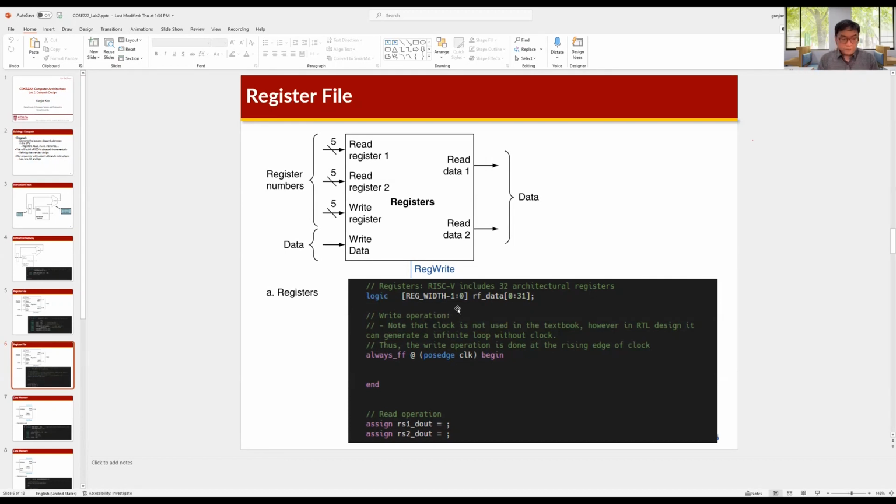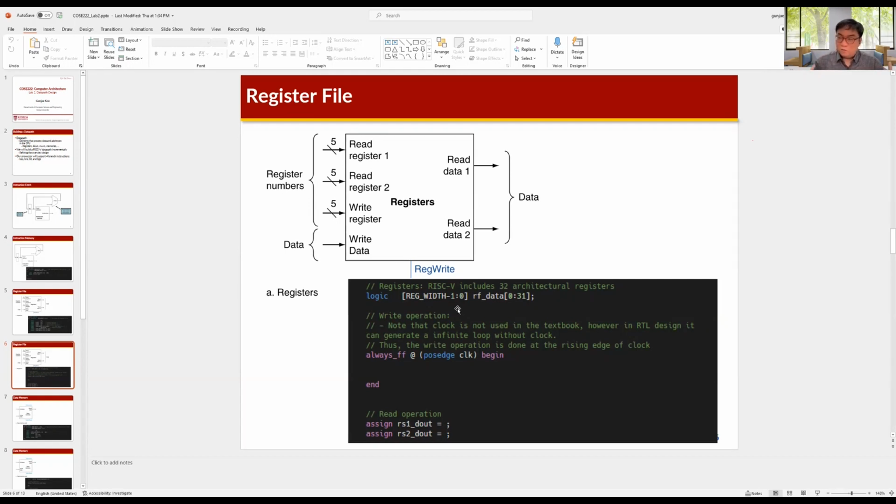So if we consider add x1, x1, x1, then x1 is updated. That means the value of x1 in this register file is updated, so the input values are changed.